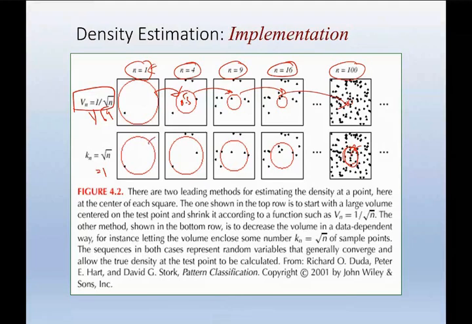So I need to grow this volume such that k equal to 1 appears, that means the number of samples within that volume will be 1. Now if I put n equal to 4, that means Kn equal to square root of 4, that is 2. So I am in search of two samples. Here you can see there are two samples. I should grow this window such that two samples are incorporated.